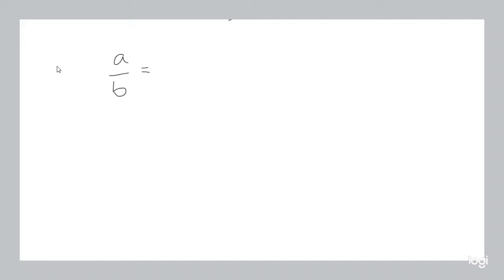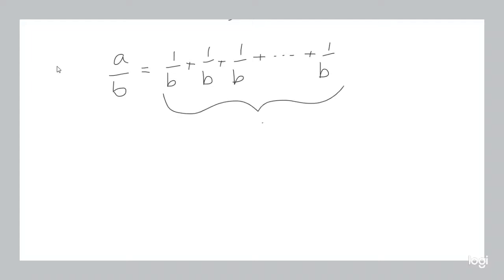All right? So, to show that this is true for all numbers, A divided by B means 1 over B plus 1 over B plus 1 over B, and so on. How many times? A times, right? That's what A over B means, right? 3 over 5 means 3/5. It means how many fifths do you have? You have 3 of them.